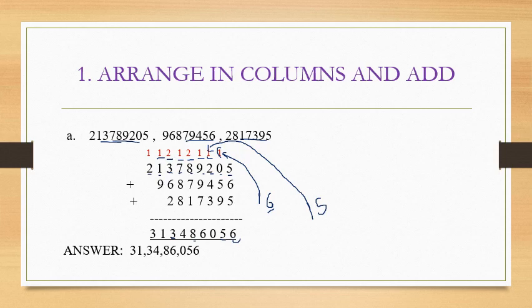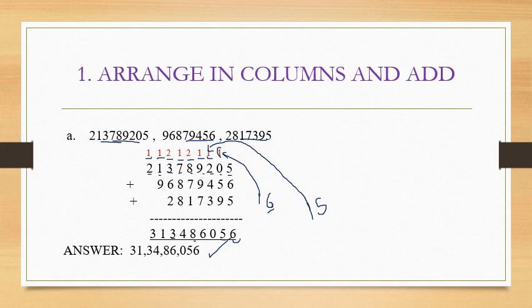Again 1 here and 1 carry forward to the next place, and 2 plus 1 is 3. So finally you will get the answer 31348605 1. Now after putting the commas, how are you going to read it? 31 crore 34 lakh 86,056. So this is what arrange in columns and add is.